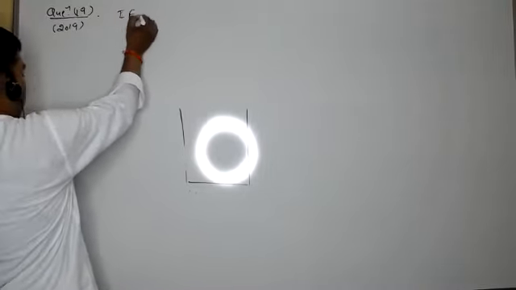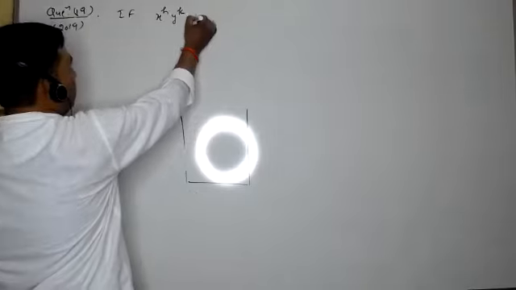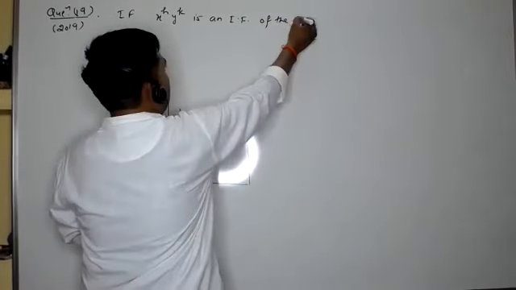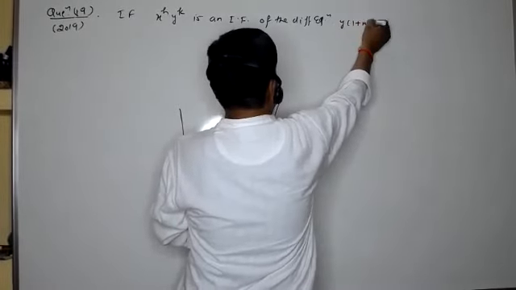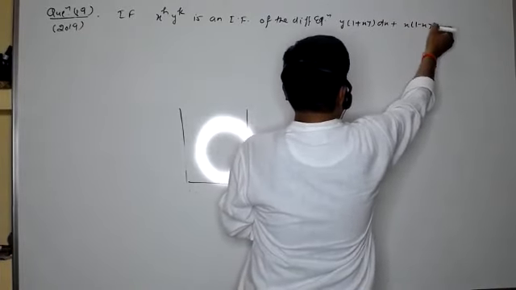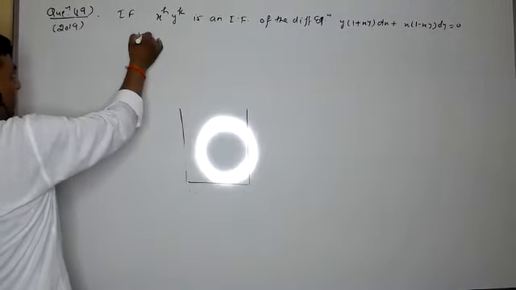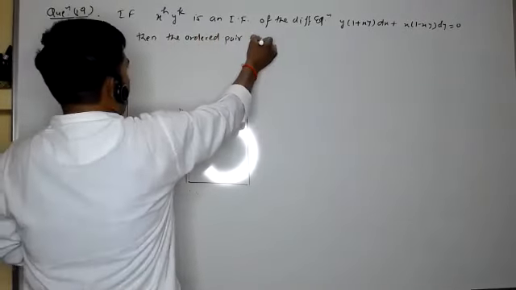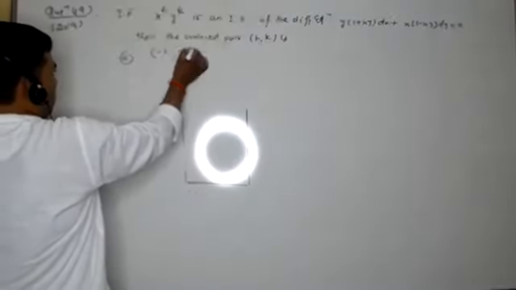The question was: if x raised to the power h, y raised to the power k is an integrating factor of the differential equation y(1 + xy) dx + x(1 - xy) dy, then the ordered pair (h, k) is, what is the answer?